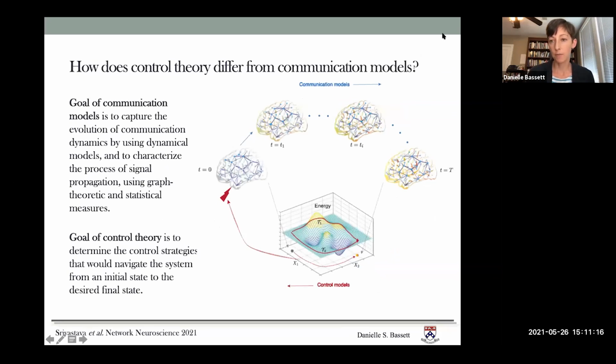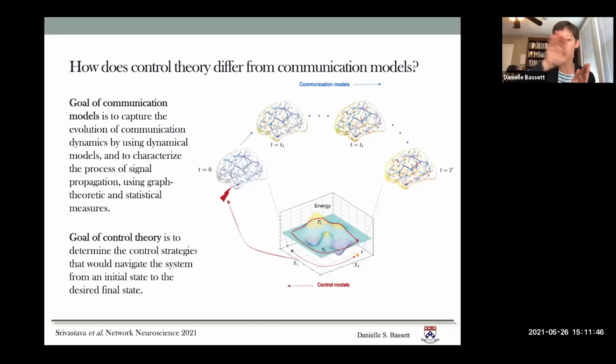So first, before digging into the details of how to construct a network control framework for a particular neuroscientific question, I wanted to mention the difference between control theory and models of communication. So typically the goals of communication models is to capture the evolution of communication dynamics using dynamical models and to characterize the process of signal propagation, sometimes using graph theoretic or statistical measures.